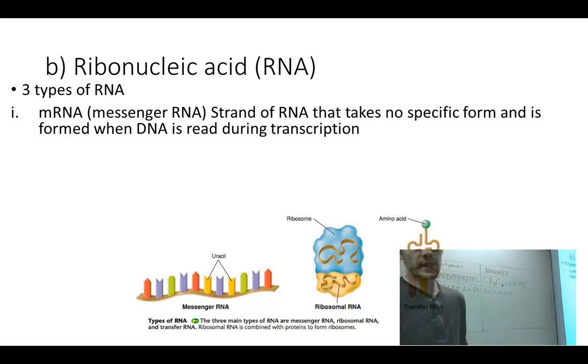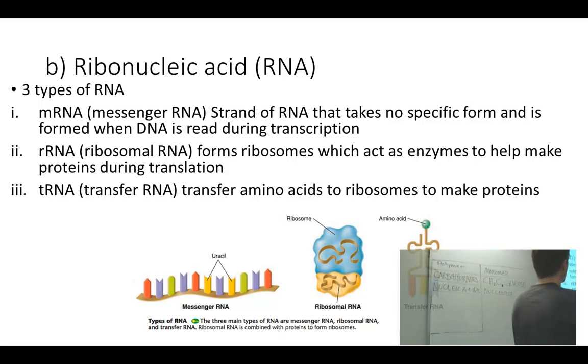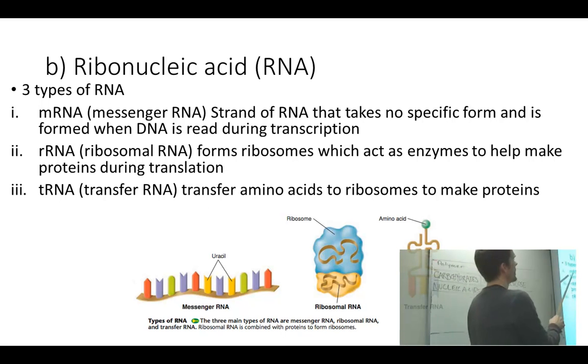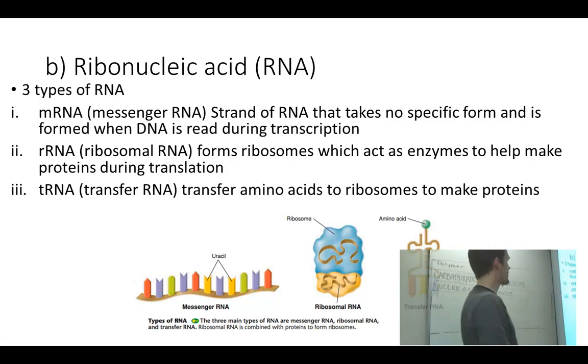RNA: there are lots of different types of RNA, but the three most important ones that we're going to talk about in this class are messenger RNA, abbreviated by a small m in front of RNA, ribosomal RNA with the small r, and transfer RNA with the small t.